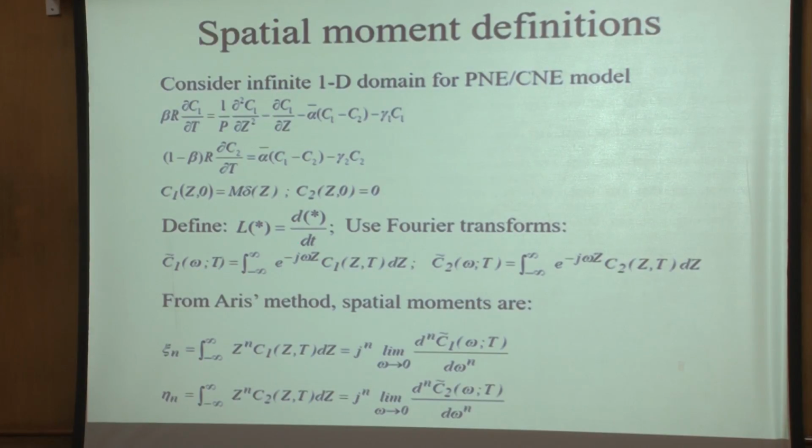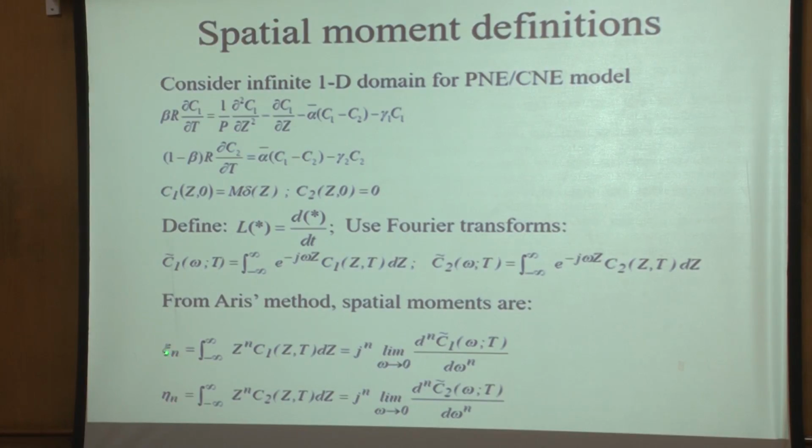Again, the 1 over 2 pi we won't worry about because, as we were told, we can have that be part of the inverse transform, which we will never visit because we are not going to do inverse transforms. We will just use the Fourier transform and its moment generating property and simply go to moments. Okay. So we go ahead and do that. Now, since we have C1 and C2 both, we define two moments, C and eta.